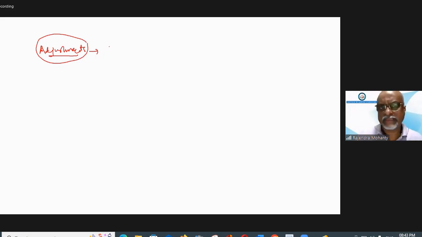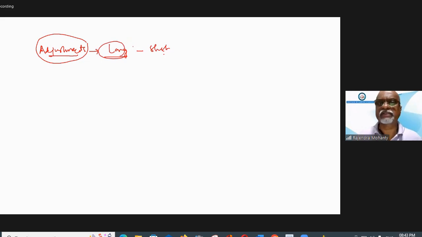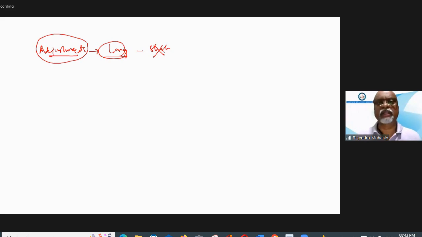It is an adjustment between a long position vis-a-vis the short position. Long positions might exist for different securities at different maturities. If there is no short position, then such an adjustment is not required. If there is a short position, then only the adjustment has to be made.